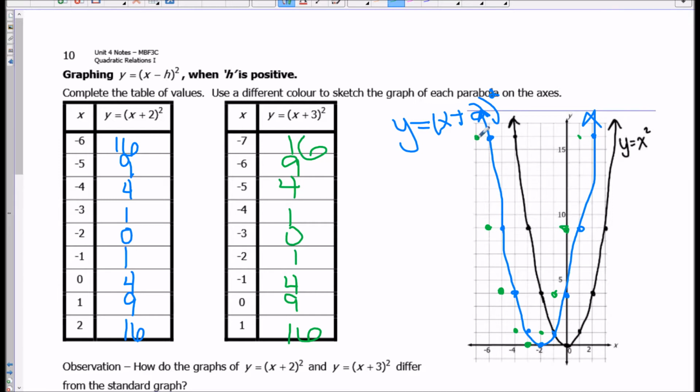Connect the dots as best as you can with a nice smooth curve. Label the equation of the parabola.